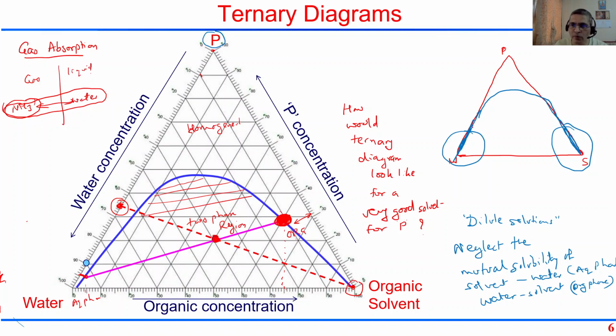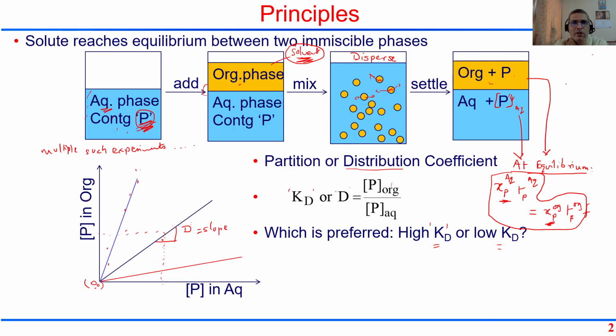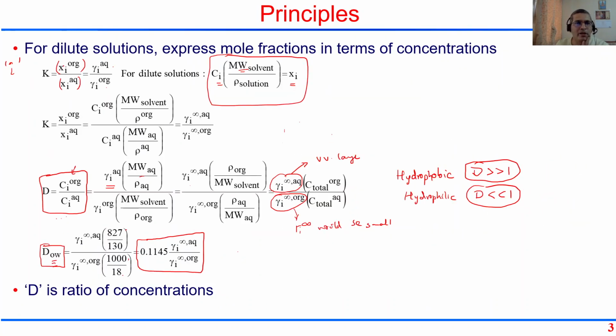So that can happen only if the sides of the two-phase region are practically along the side of the triangle and you're at a dilute solution. Remember, same thing we did here when we were talking about the binary system. We were writing the thermodynamic equilibrium. This organic phase, you can take it as practically solvent if it's a dilute solution, and water.